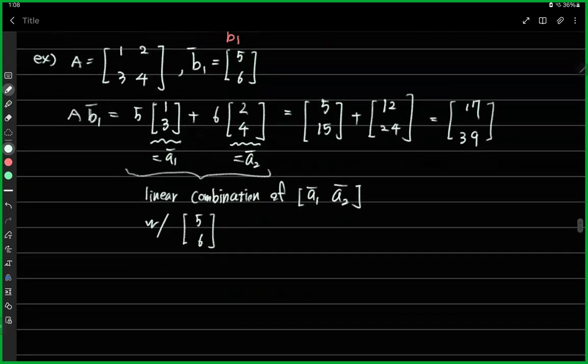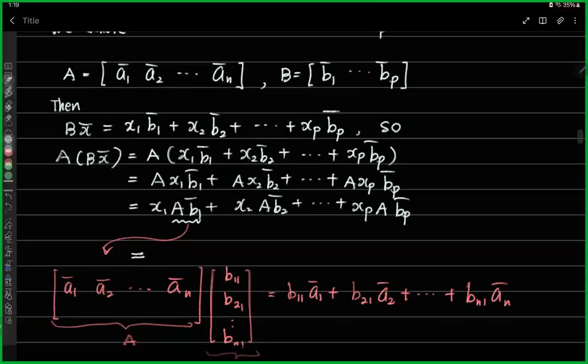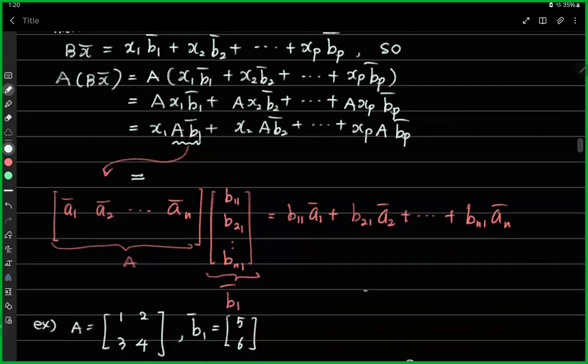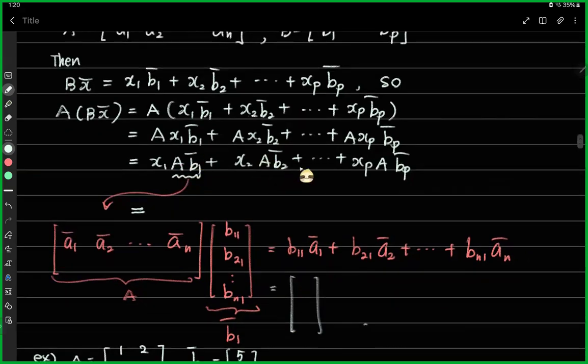Okay, let's pick up where I left off, right here. We can say this is a linear combination of Ab1 bar and Ab2 bar through Abp bar, because A times b1 bar through A times bp bar are nothing but column vectors. So this is a linear combination of column vectors with weights x1 through xp.